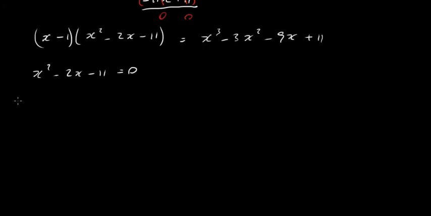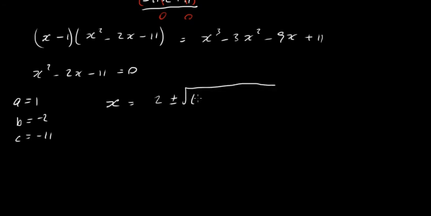We got to solve that. So here we can see that a is 1, b is minus 2, and c is minus 11. So we can work out x here as being minus b, so minus minus 2, which is 2, plus or minus the square root of b squared, so it's minus 2 squared, minus 4 times a times c, all over twice a.